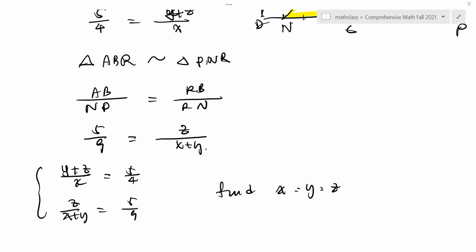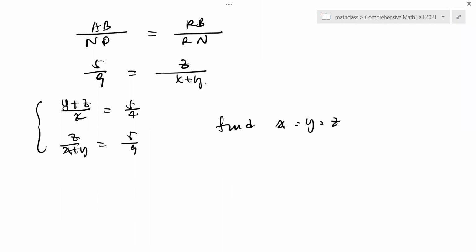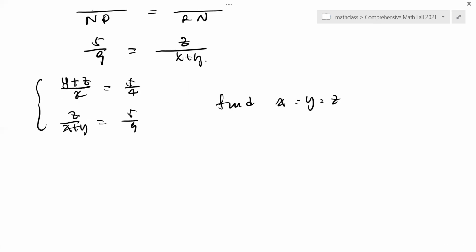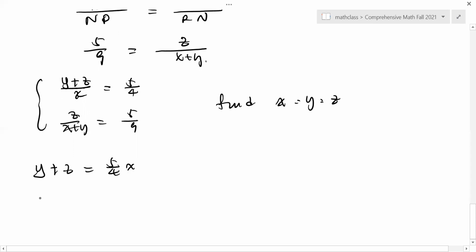This is the algebraic problem right now. Assume by the similarity you have these two equations. The first equation: y plus z equals 5 over 4 x. Another equation: z equals 5 over 9 times x plus y.